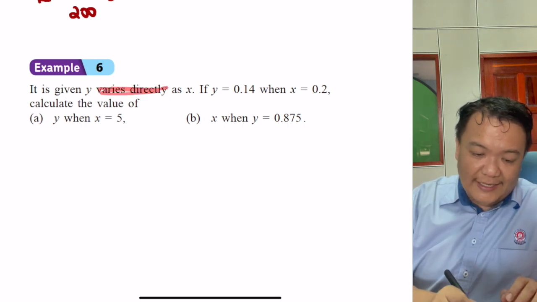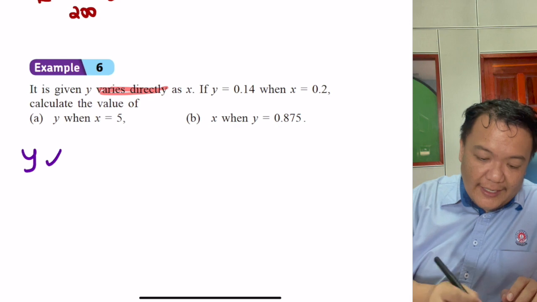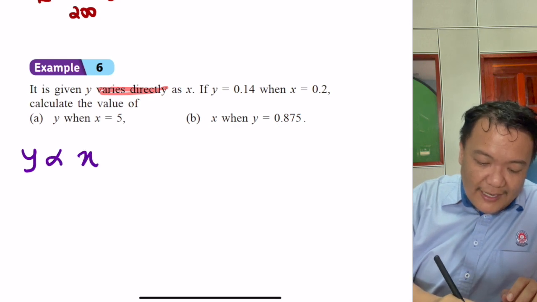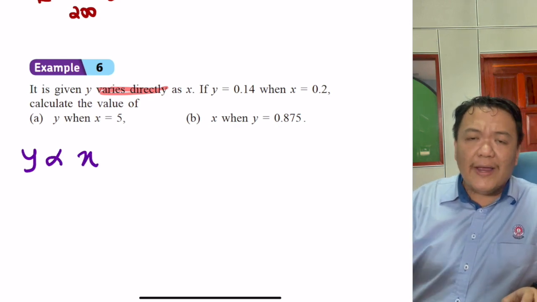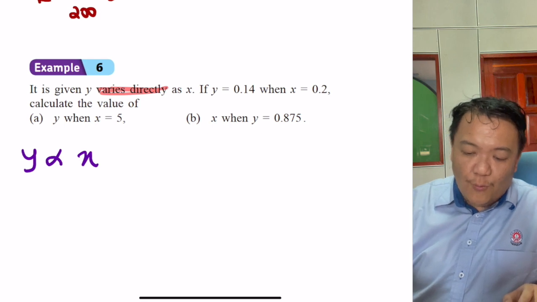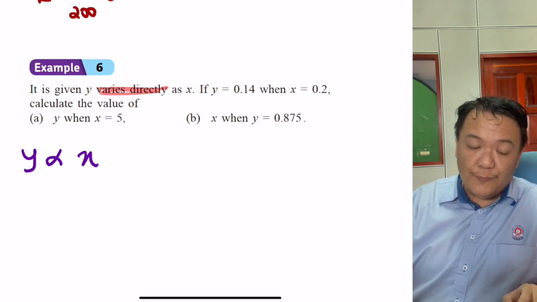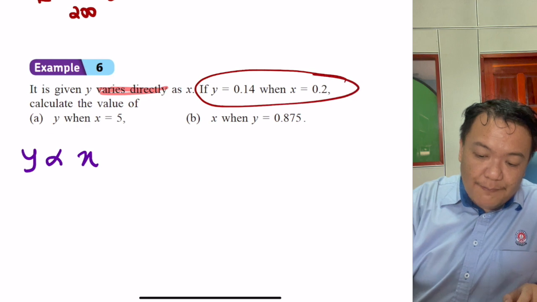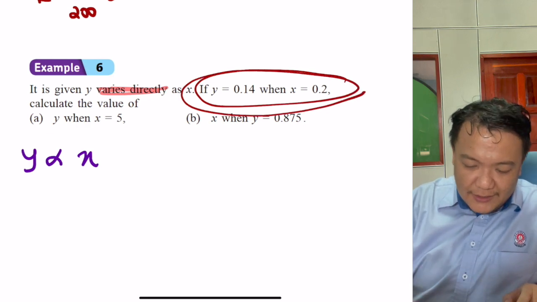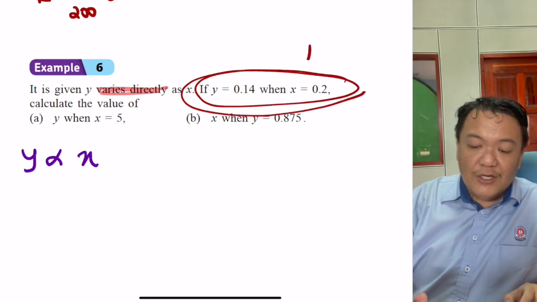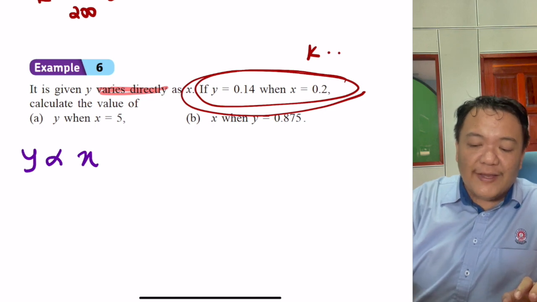Varies directly. Dia dah kata situ kan. So you can write it as y varies directly as x. If y equals to 0.14 when x equals to 0.2, okay, usually this part, bukan usually lah, sememang-memangnya, this part is used to find the value of k.